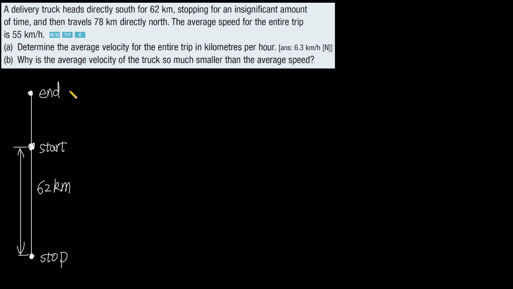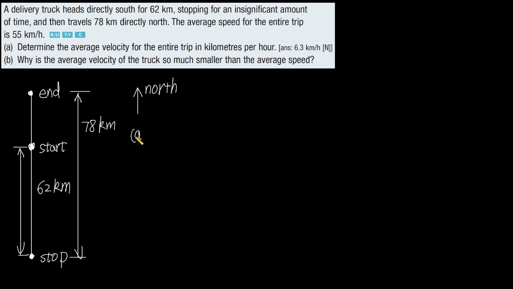And the distance between the stop point and the end point is 78 kilometers. And the truck starts from the start point and heads to the stop point, and then it goes from the stop point to the end point. So first it goes to south, and then it goes to north. So this direction is north.